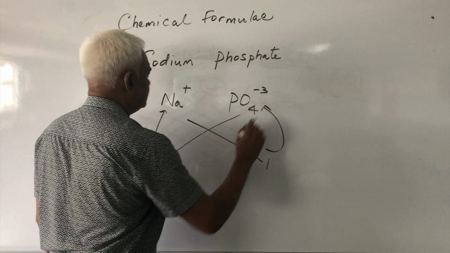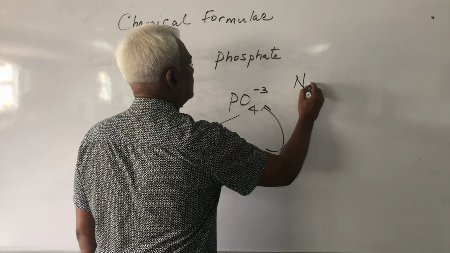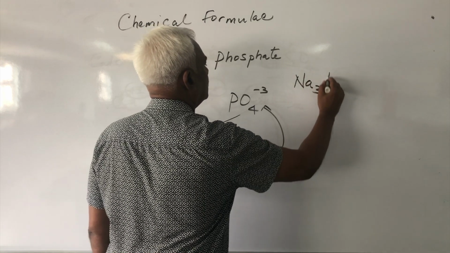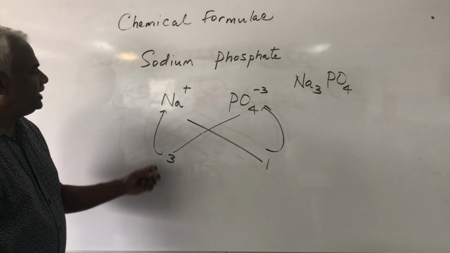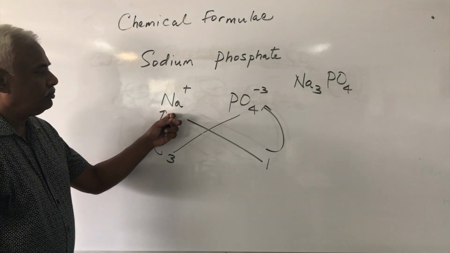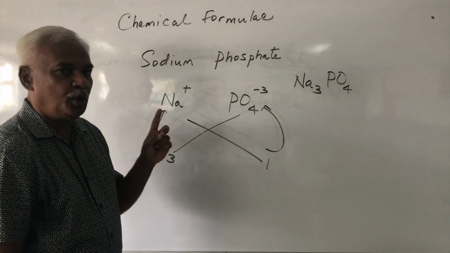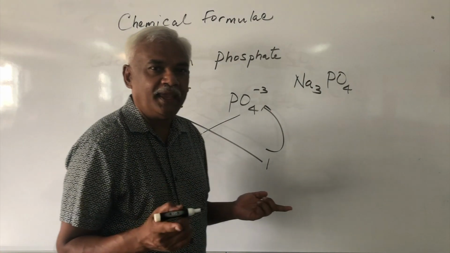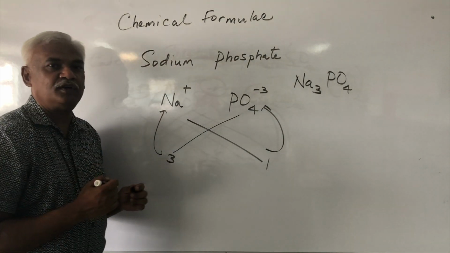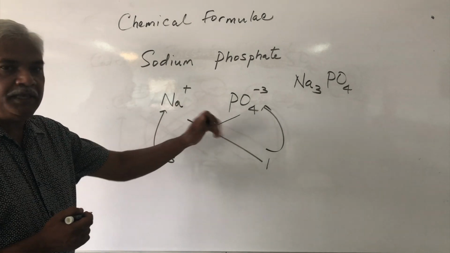Link the numbers. Na3PO4 once. Now notice, I don't need to put brackets here. Why? Because we have only 1 phosphate ion. And so therefore, Na3PO4.